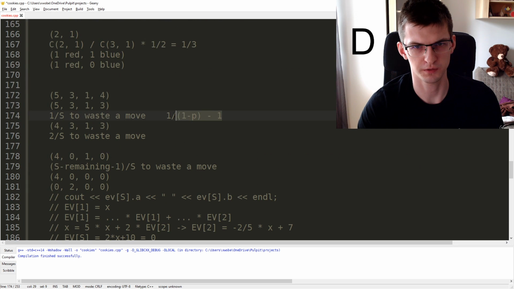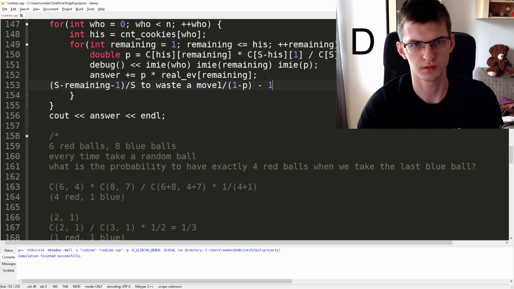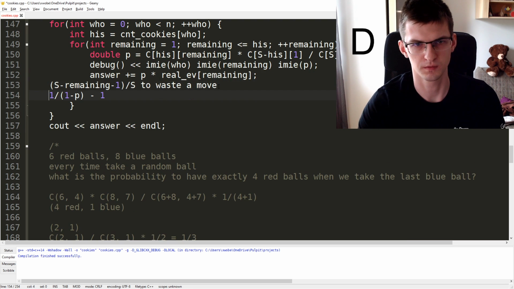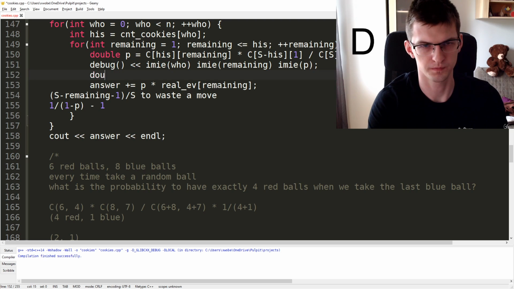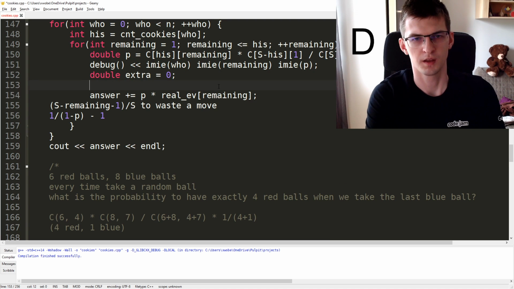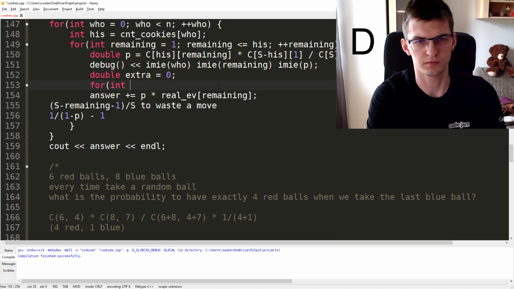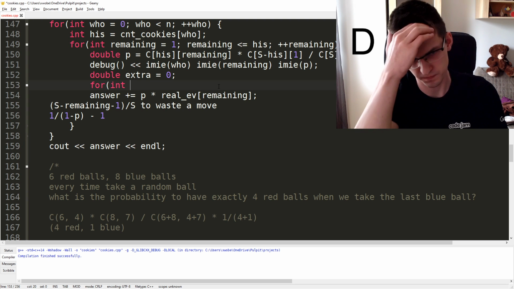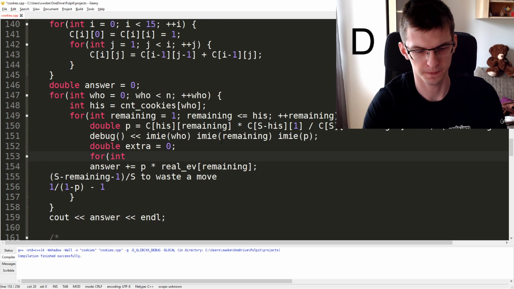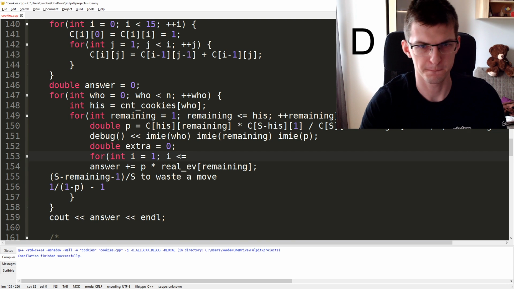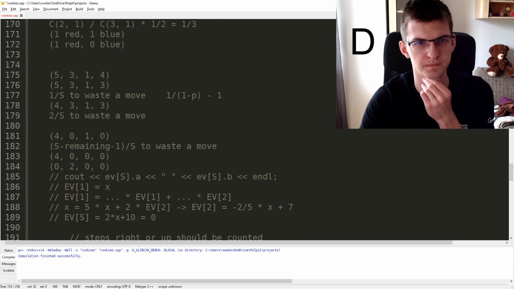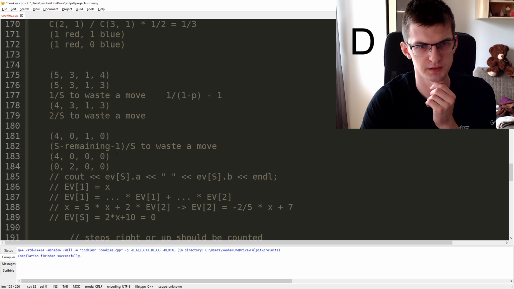Combine this with this formula. Extra is 0. One over S, this will be the last.